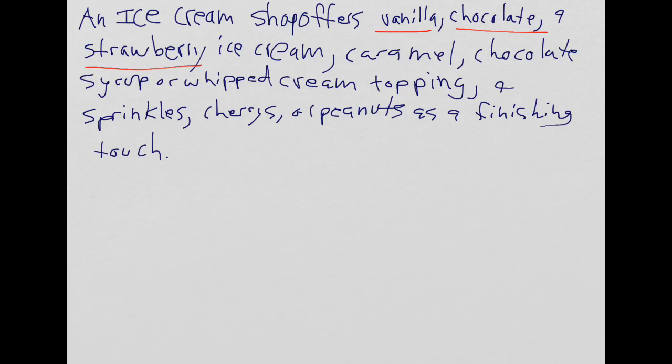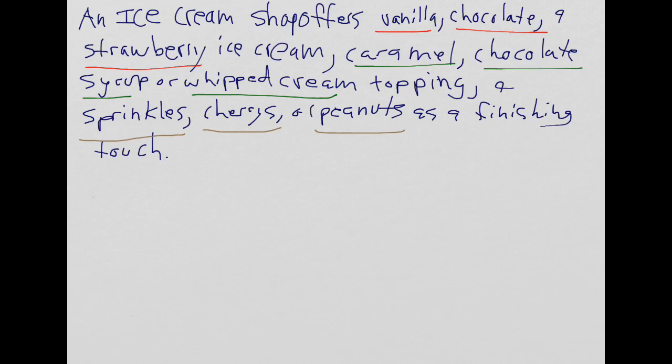Then you have 3 choices for a topping, either caramel sauce, chocolate syrup, or whipped cream. And finally, they offer you 3 options for a finishing touch, either sprinkles, cherries, or peanuts. And cherries is probably spelled with an I-E-S. I don't know. That's why I teach math.